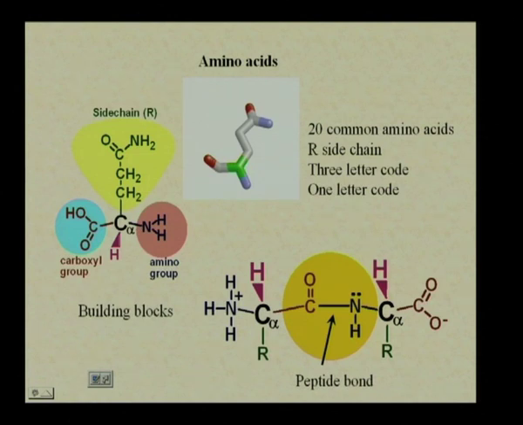Now, if you notice, the structure that we have here is called a stick structure. In the stick structure we do not see the hydrogens. The nitrogens are always marked in blue, the oxygen atoms are marked in red, the carbon atom is marked in green, that is for the asymmetric carbon, and the others are marked in grey.